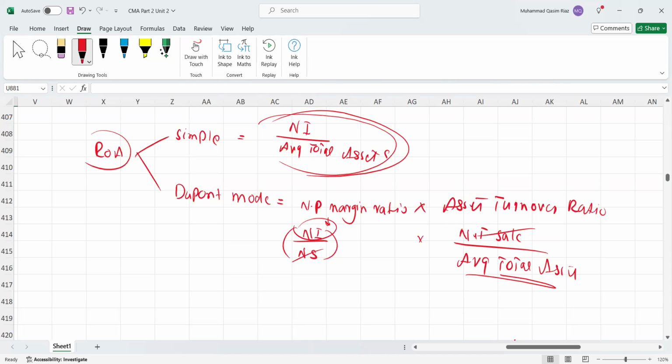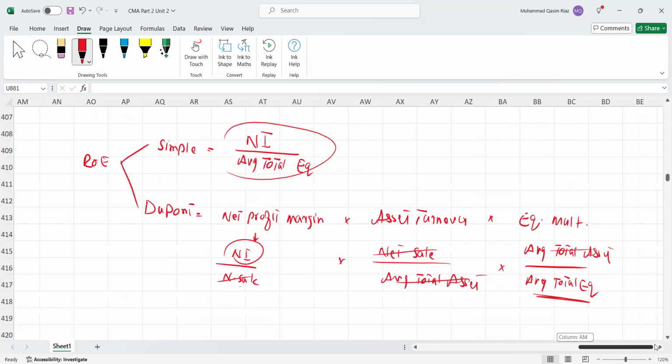But if your exam question asks you to apply the DuPont model, you have to look for those components. If it asks you to apply simple ratios, you have to look for the simple ratio components, okay?